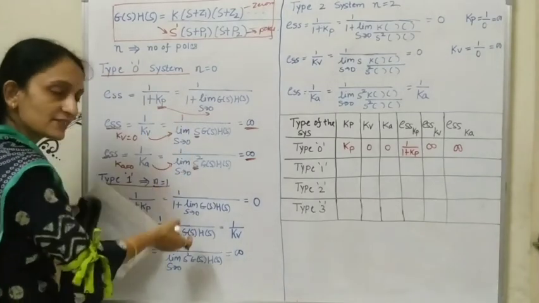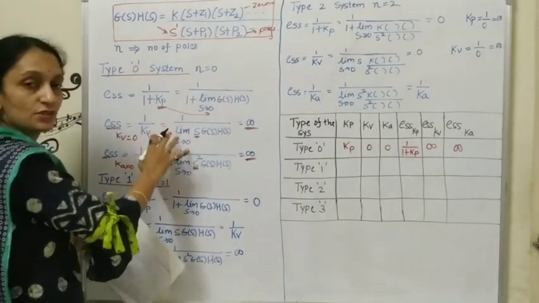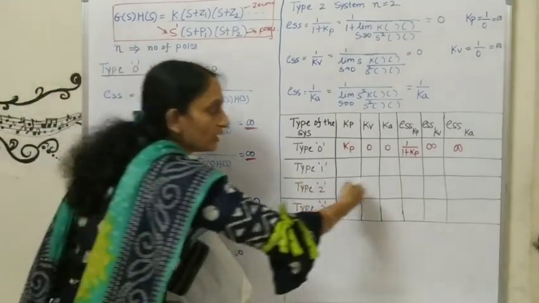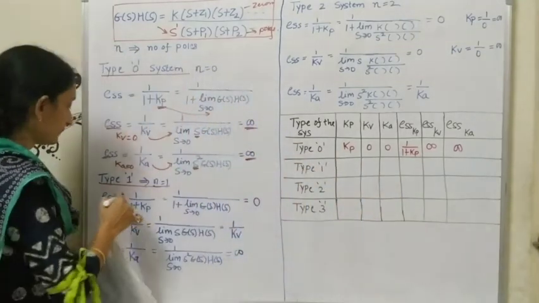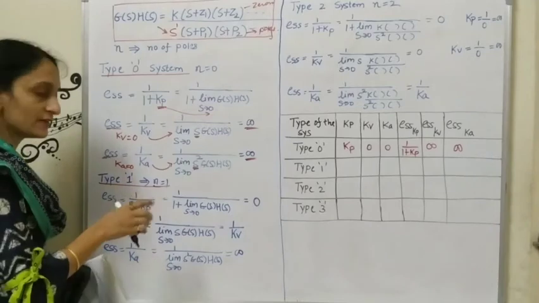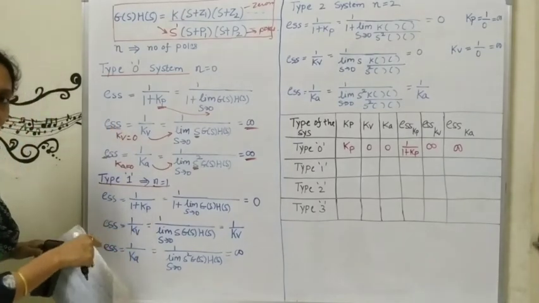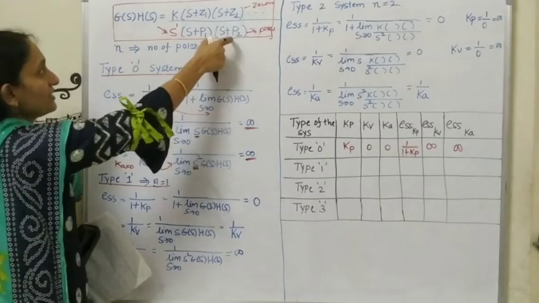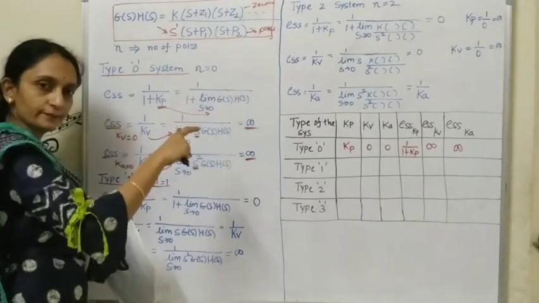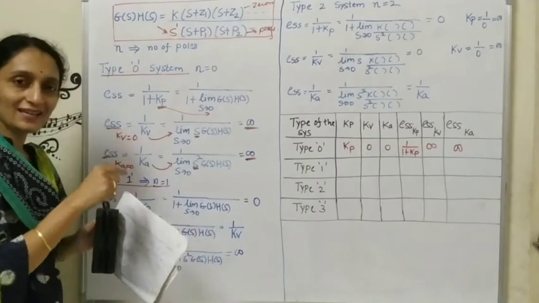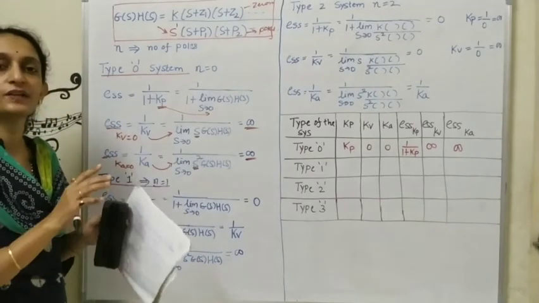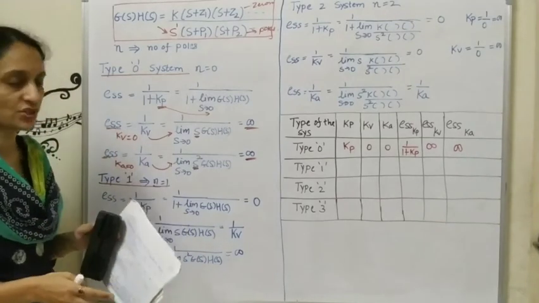We will repeat the same thing we did for the type 0 system and calculate all the 6 values. The formula is the same; the only thing we need to recalculate is that G(s)H(s) is changing, because of that the s term in the numerator and denominator will get cancelled out and your answer will change.